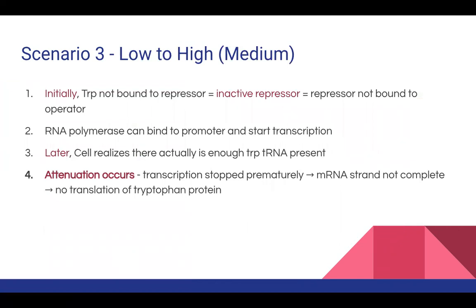In a different case, where there is enough tryptophan in the cell to trigger attenuation, but not enough to stop the initiation of transcription, attenuation is going to need to occur.